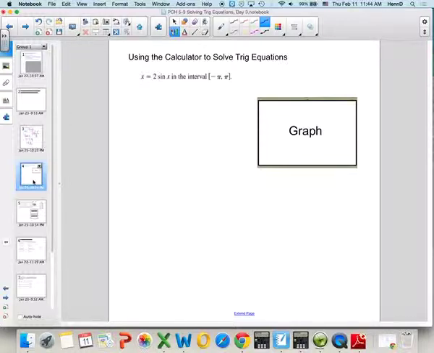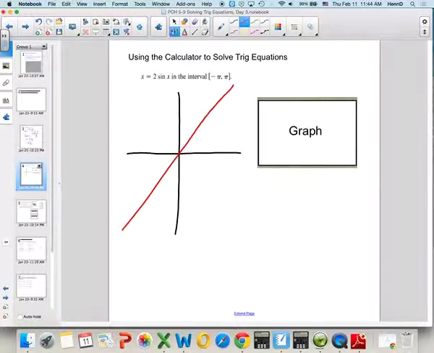And on the right hand side we have the function 2 sine of x. If we were to graph this, you guys know how to graph these. So if we were graphing this, y equals x would look like this, going from negative pi to pi.